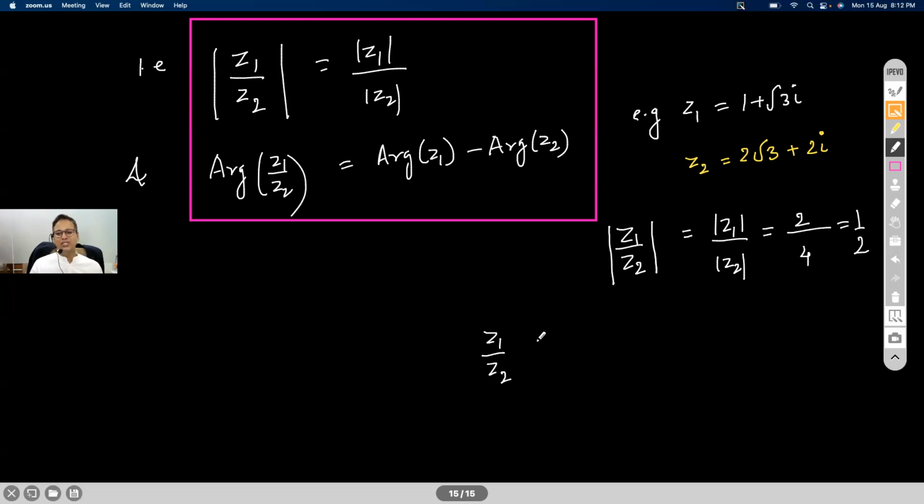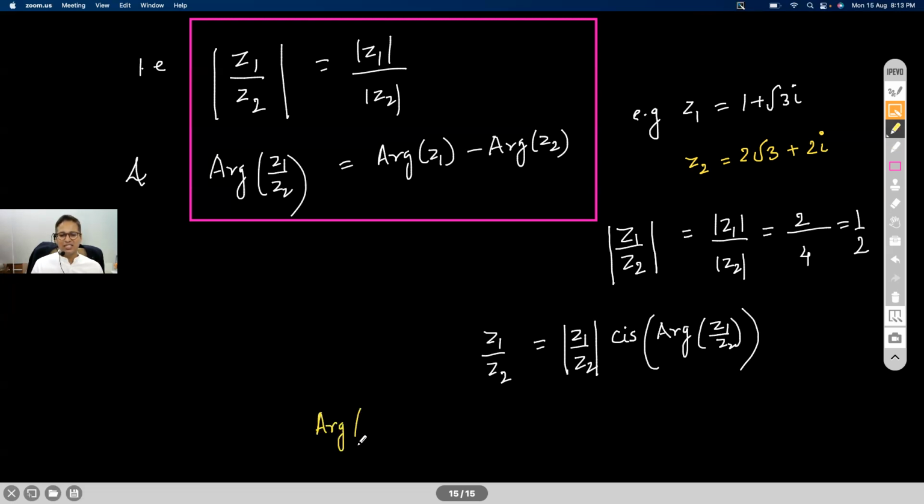If I ask you, what is Z1 by Z2 itself? For that, you need its modulus and you need the argument, right? So r cis the argument of Z1 by Z2. I've already told you that the argument of Z1 by Z2 is the argument of Z1 minus the argument of Z2.